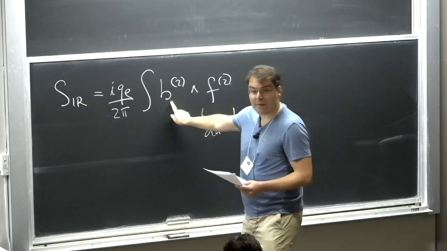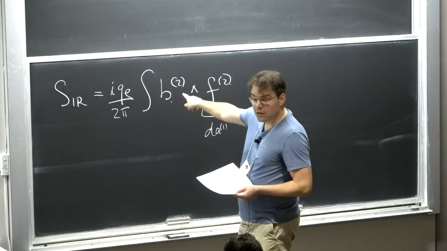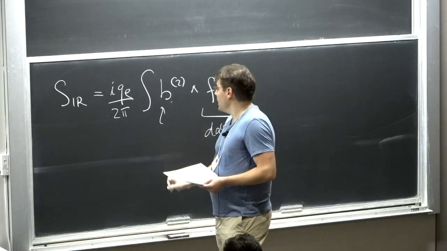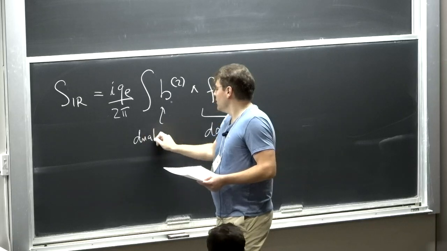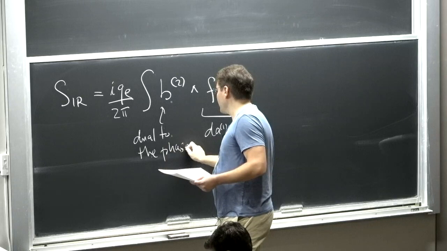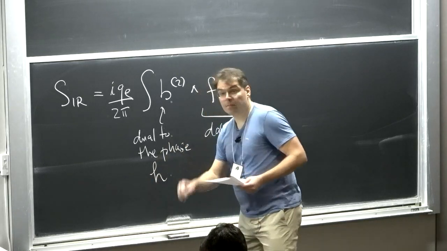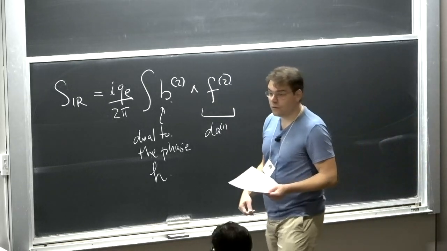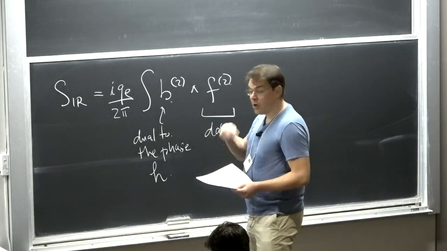B is a new dynamical two-form gauge field, which was not present in the original model. You can, roughly speaking, think of B as being dual to the phase of the Higgs field H. The phase of the Higgs field H, which is the thing that gets eaten by the photon to gap the theory, is a compact boson.